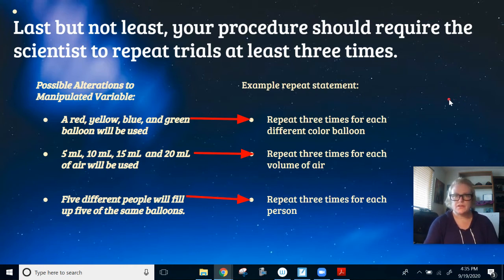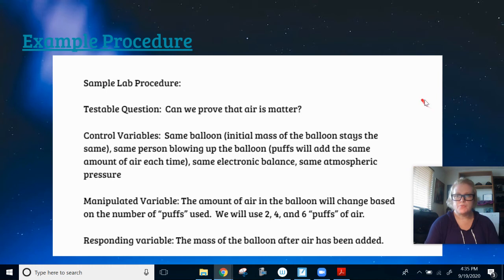I'm going to show you now an example of a procedure I wrote for Miss Hall's Is Air Matter lab. This is also going to be attached to this slide or this assignment in Schoology. You can definitely read through it and look at it as an example. I broke it up into a few pieces.